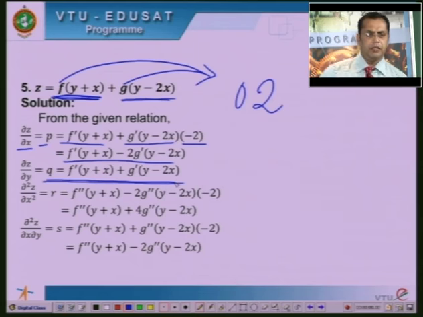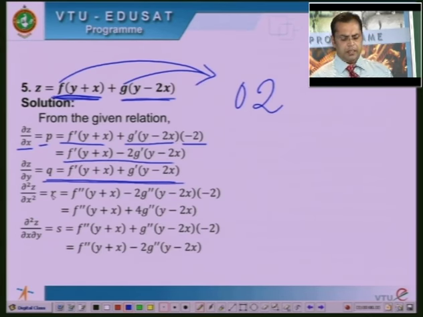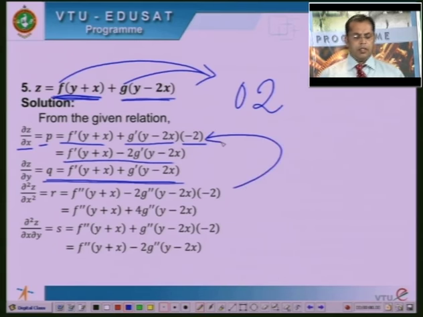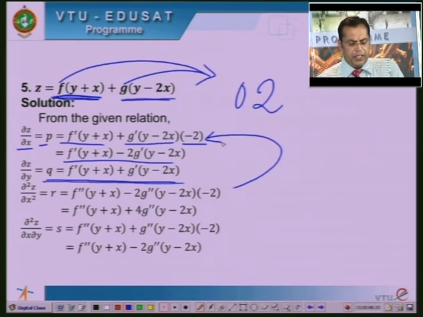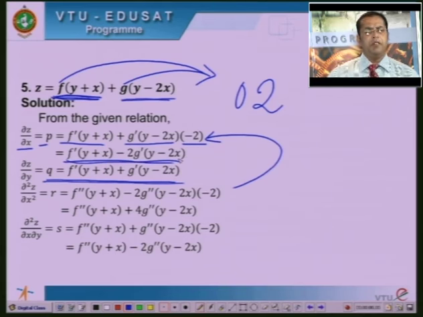Because there are two functions to be eliminated, we go to the next order partial derivative, which is dou square z by dou x square, or r, which is obtained by differentiating dou z by dou x again with respect to x. So, if you differentiate this with respect to x, f dash of y plus x becomes f double dash of y plus x into the derivative of y plus x, again as described in p, 0 plus 1.